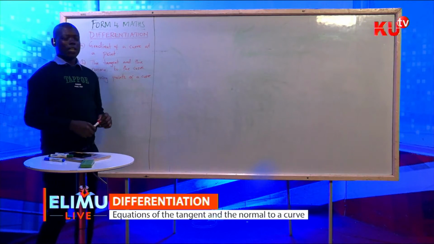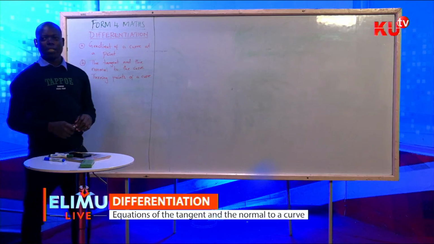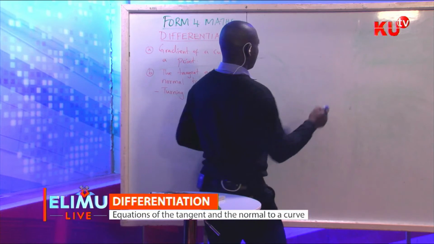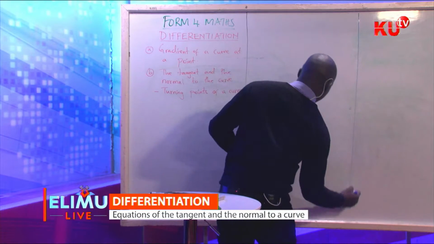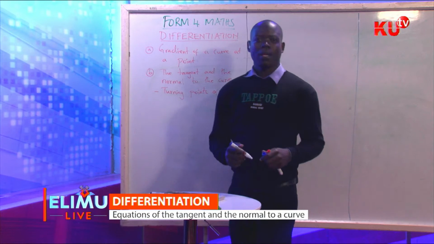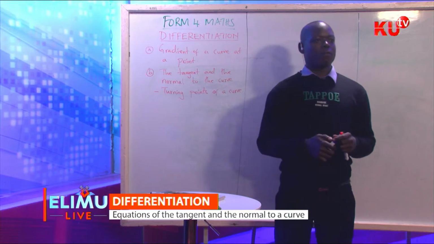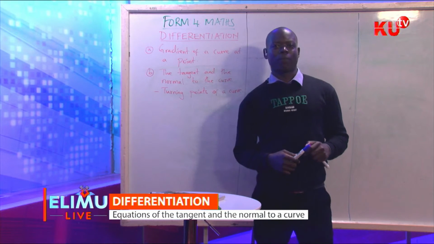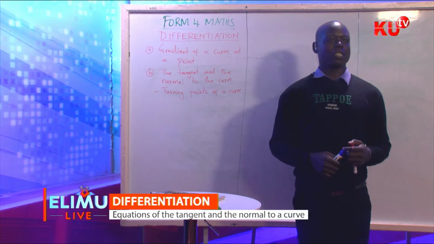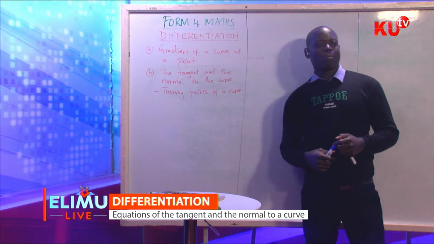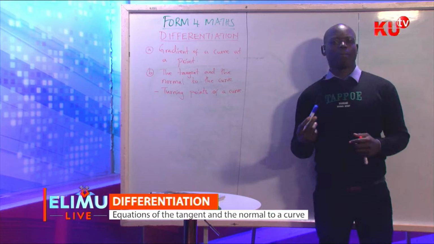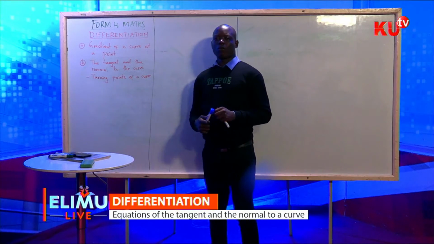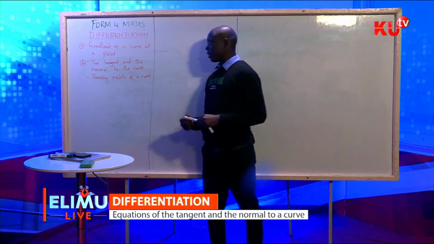But before we look at each of them, students, it's important that we understand one main thing, and that is the process of differentiation. How do you differentiate a polynomial, students? What do you do when you are differentiating? Yes, we look at the power of the variable x, and then we multiply by the coefficient. Good.